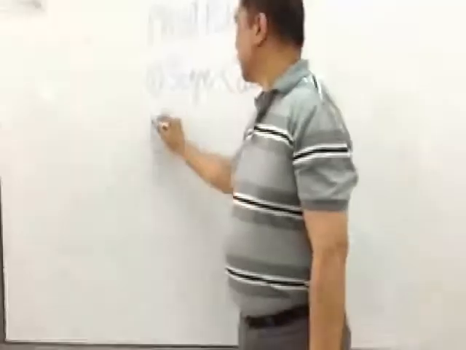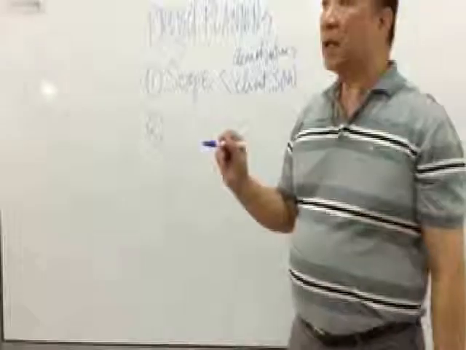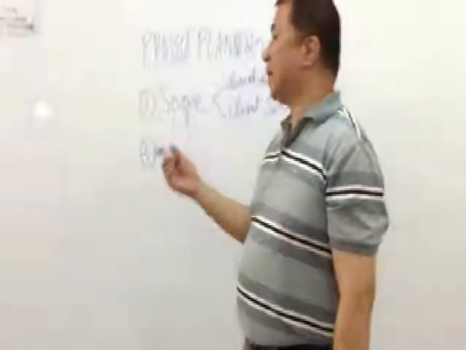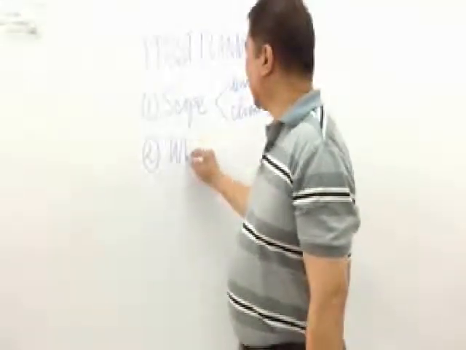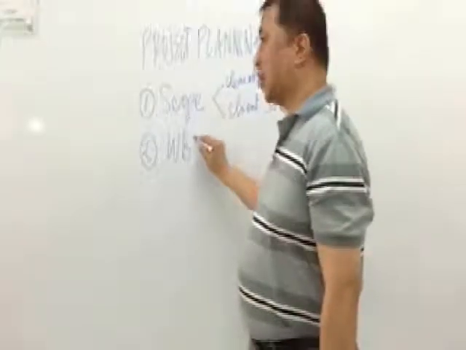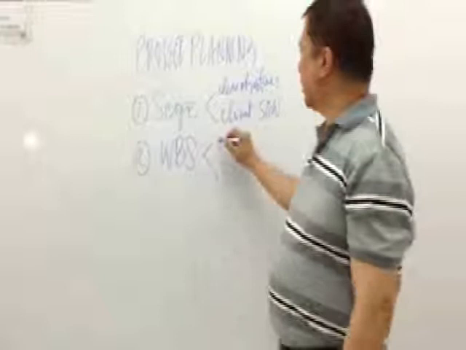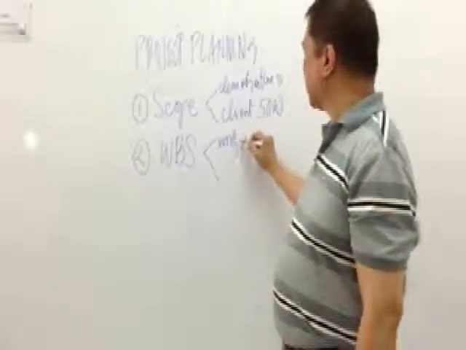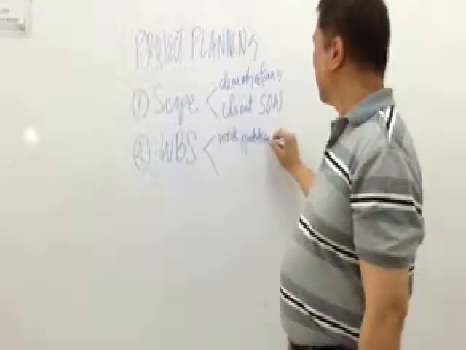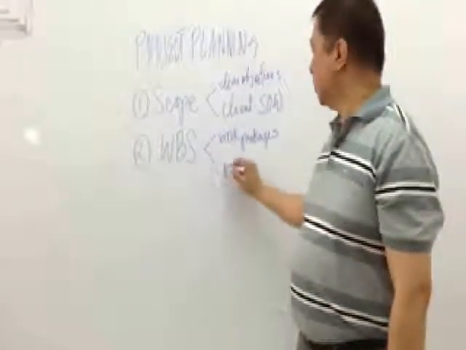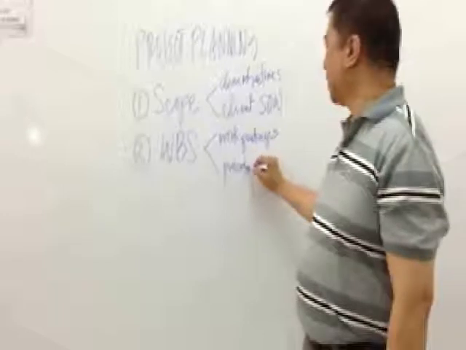And then this will lead us to defining all the activities that are required to complete the project. And this can be presented in what we call a work breakdown structure, where the entire project is broken down into work packages, and the different tasks are shown with precedence relationships.